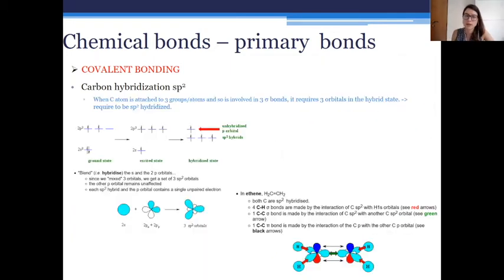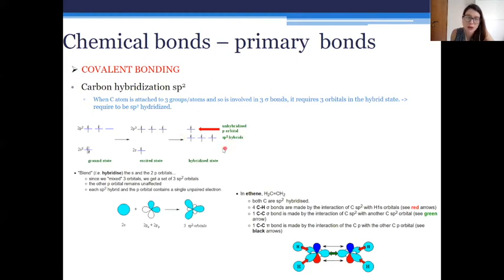So now let's explain the carbon hybridization sp2 after having introduced the sp3 hybridization. In fact, we can also have another kind of combination of these orbitals, of different energy.